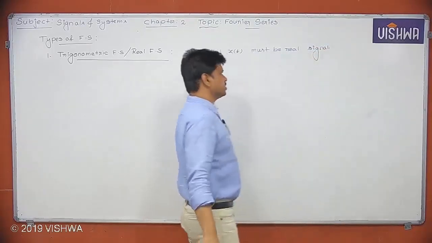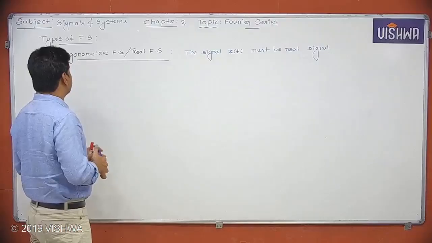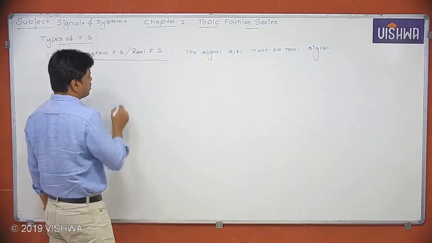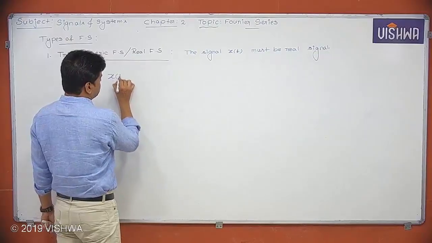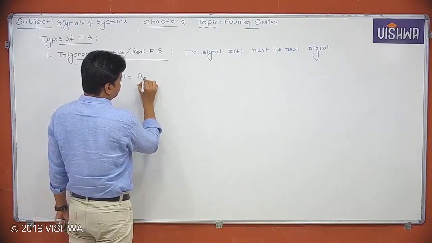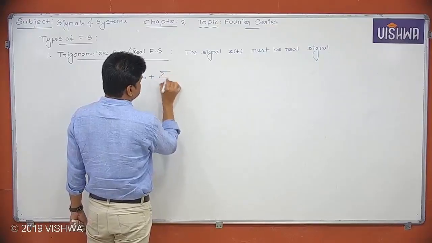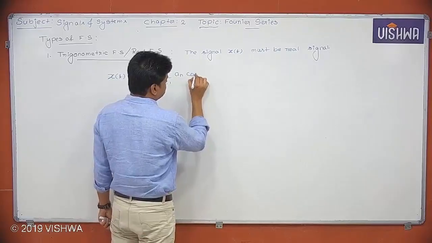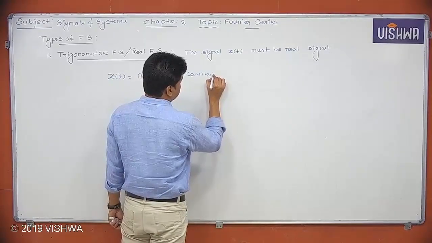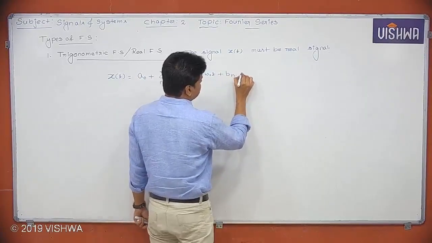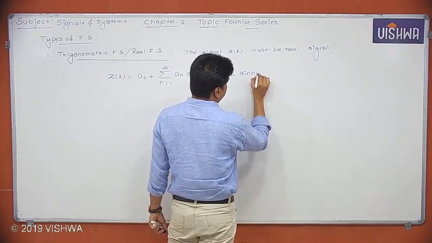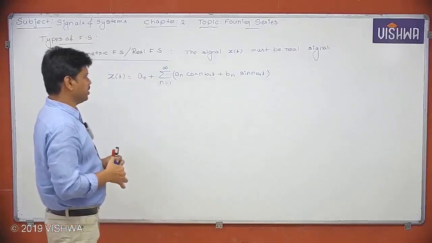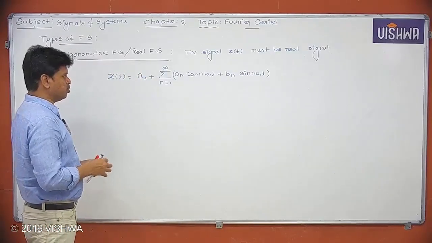If x of t is a real signal, how can we write the Fourier series expression using the trigonometric Fourier series? x of t is equal to a0 plus summation n equal to 1 to infinity of an cos n omega naught t plus bn sin n omega naught t.